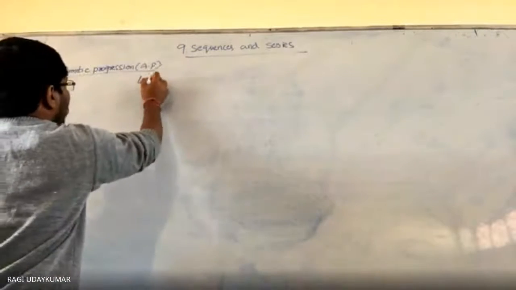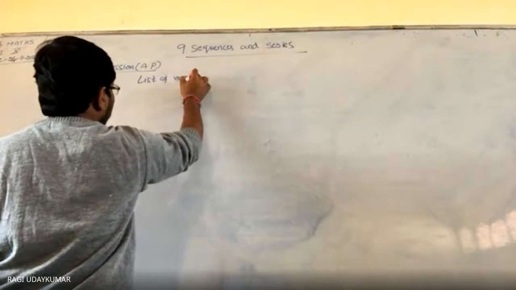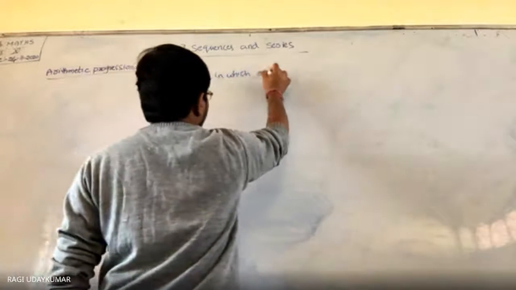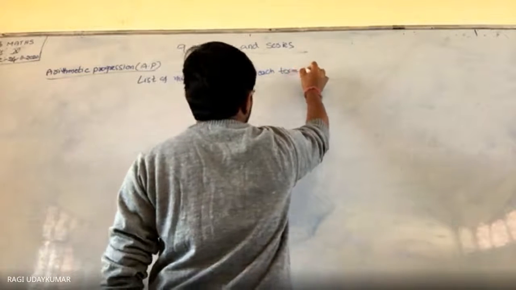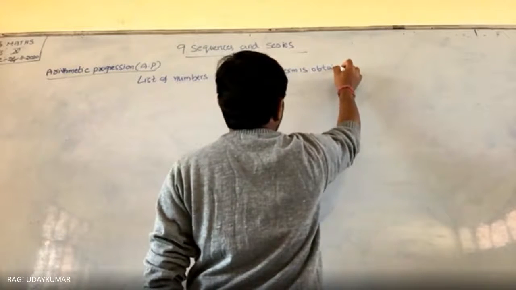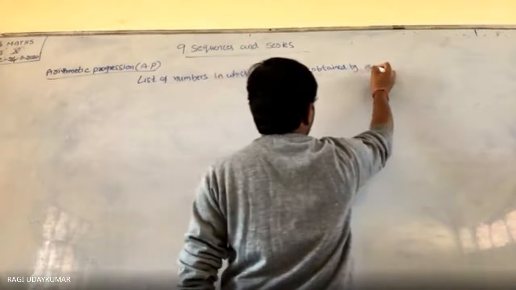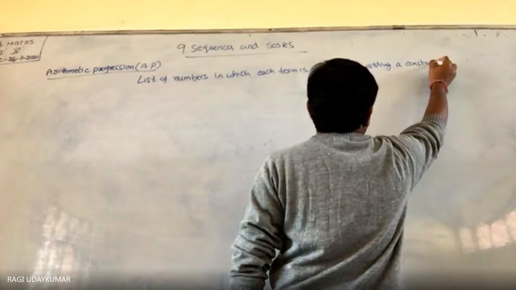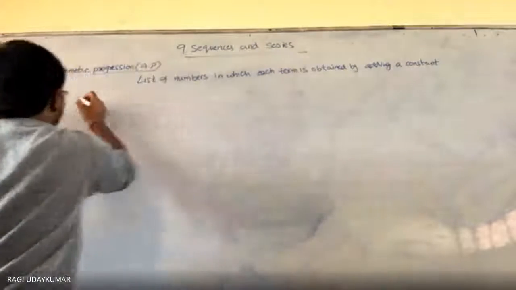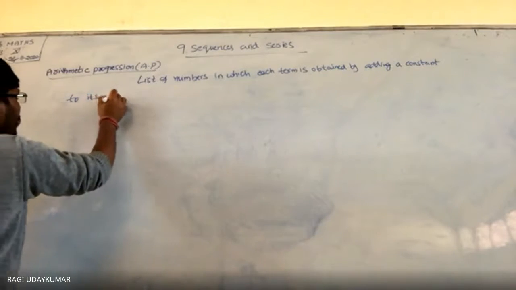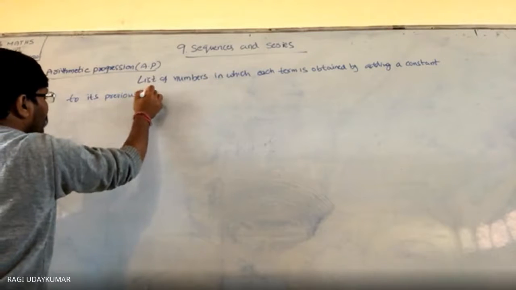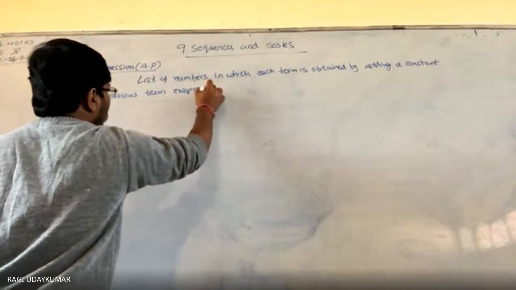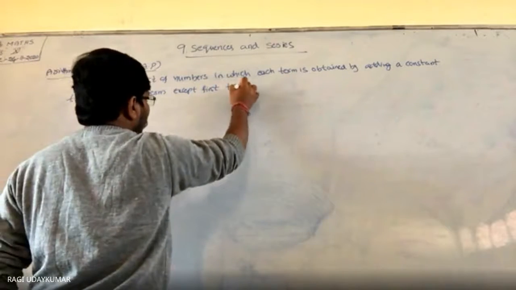A list of numbers in which each term is obtained by adding a constant to its previous term, except the first term.